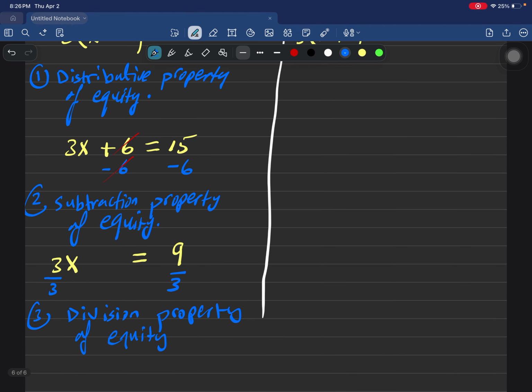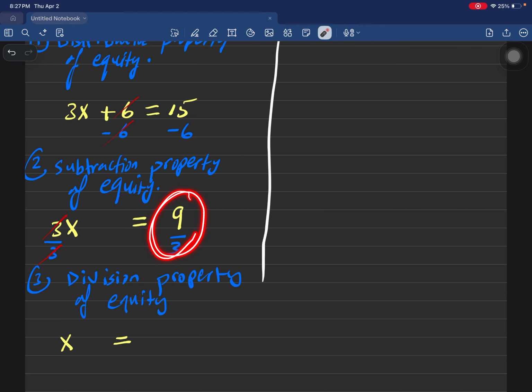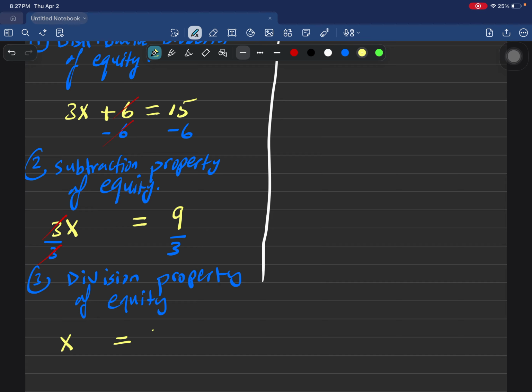In this case, we can cancel the 3 with the 3, so we end up with x, taking x down. So we have x equal to, now 9 divided by 3, which is equal to 3. So in this case, x equal 3.